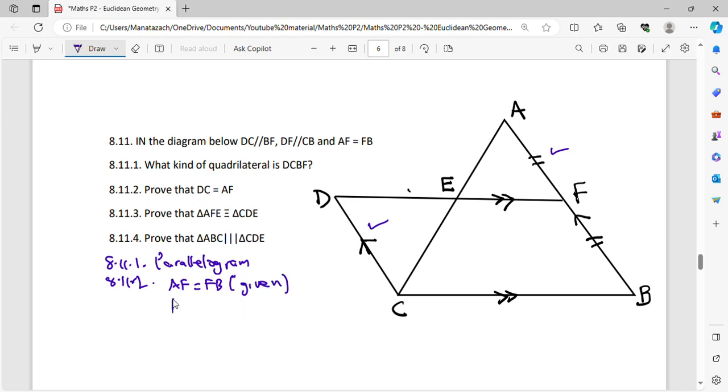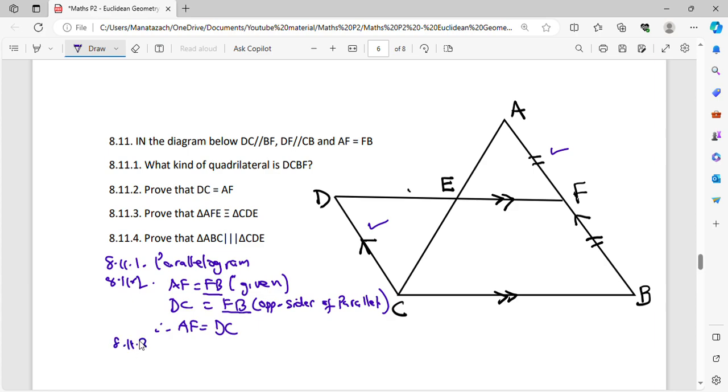And we know that since we have a parallelogram, DC is equal to FB, opposing sides of a parallelogram. Since both AF and DC are equal to FB, we can conclude that AF is equal to DC.